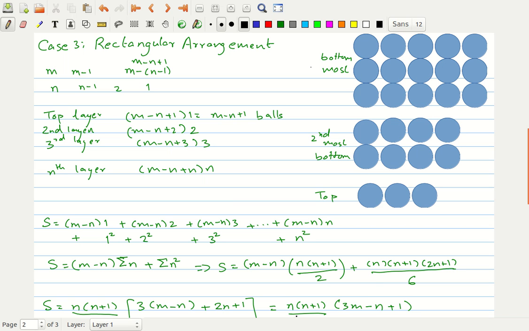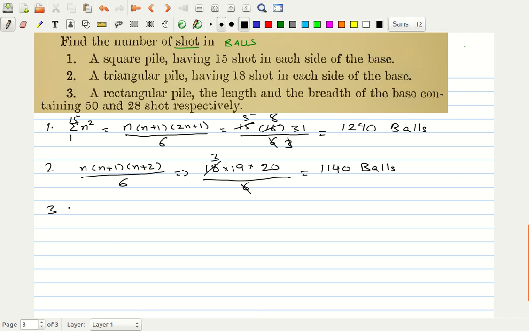So n times n plus 1 times 3m minus n plus 1, all of this divided by 6.